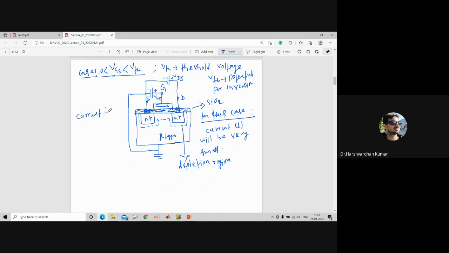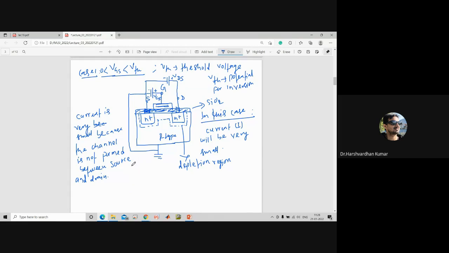Current is very small because the channel is not formed between source and drain.